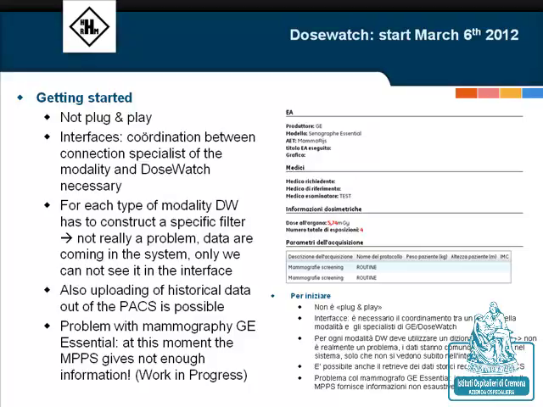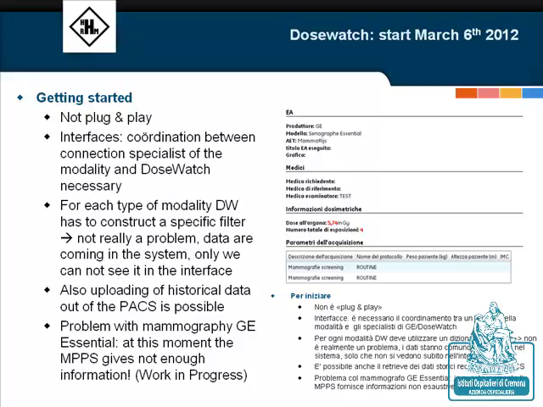The problem, which they are still working on, is mammography. At this moment, we have a GE Essential. The MPPS gives not enough information. The only thing we get is the total average mean dose to the breast, and the number of acquisitions. You don't know which anode filter combination is used, if it's rhodium or molybdenum or whatsoever.